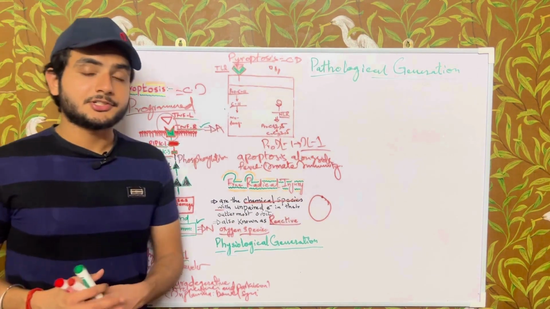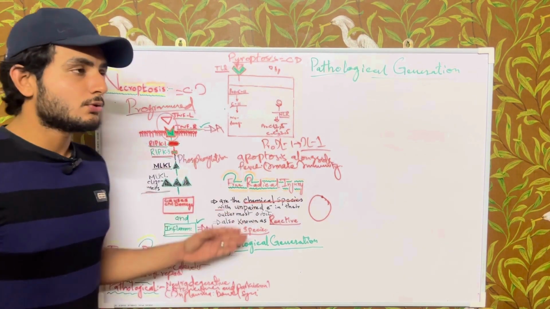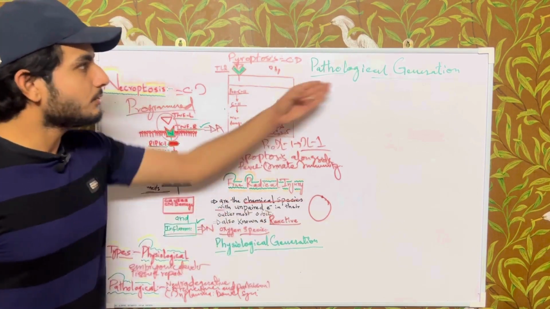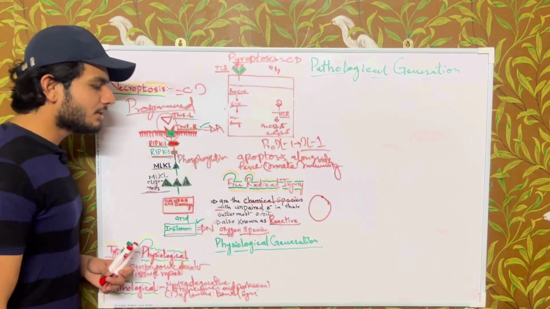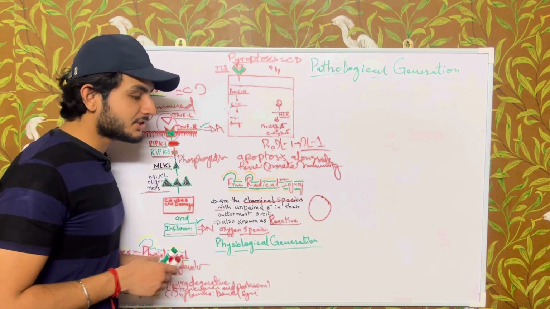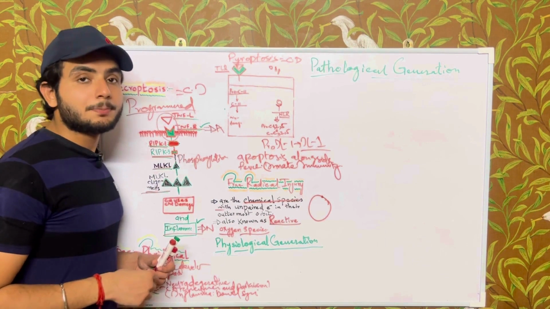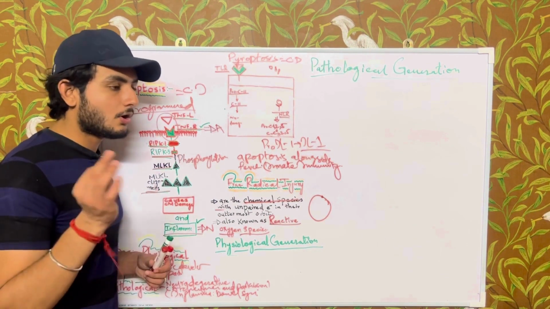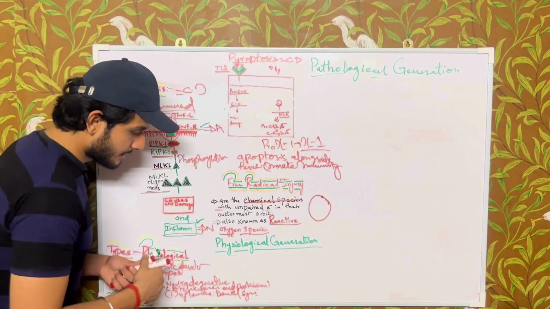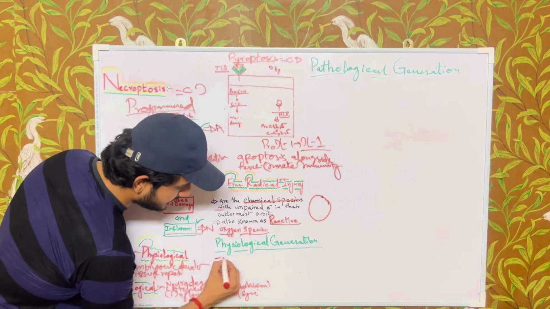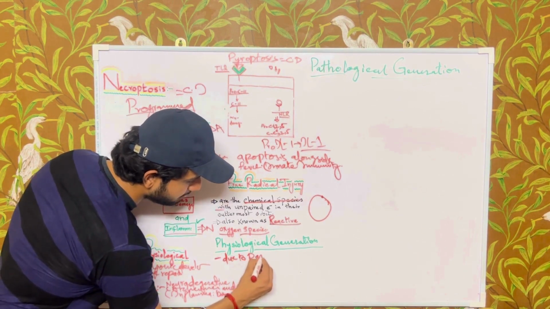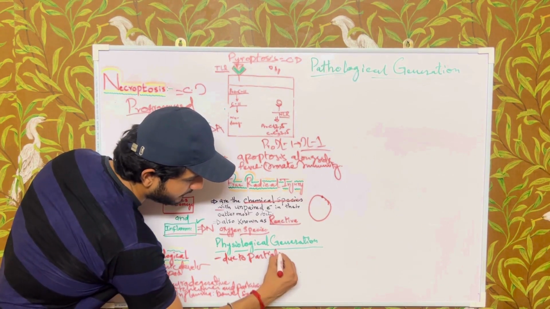So how are they generated? The question must arise. They could be generated either through a physiological process or through a pathological process. Physiologically, these free radicals are generated due to the partial reduction of oxygen during oxidative phosphorylation.